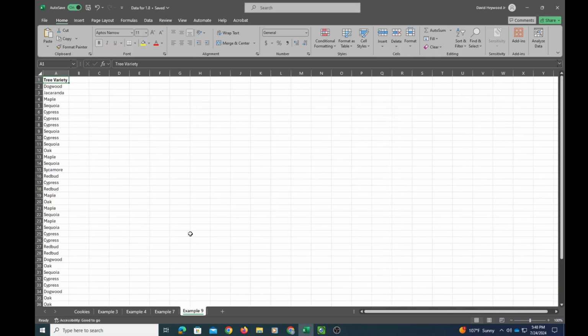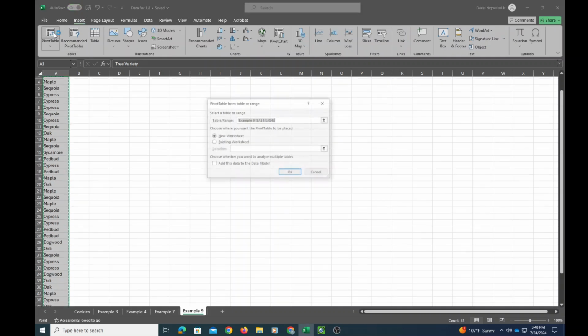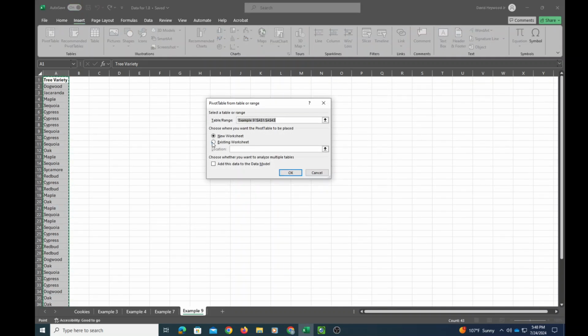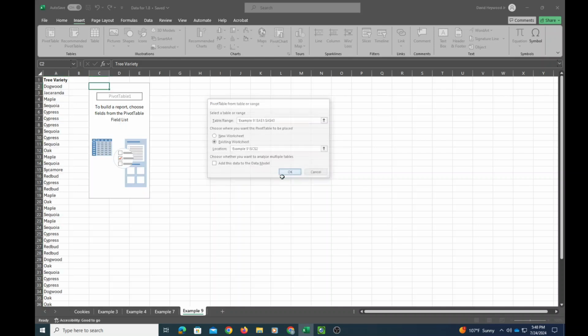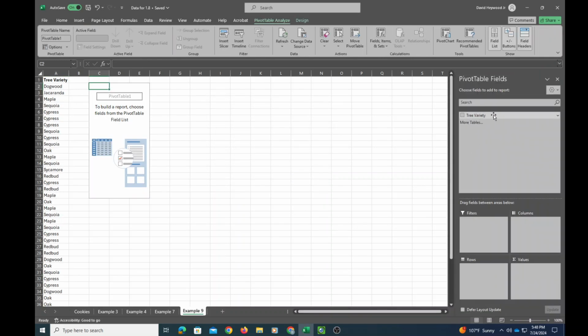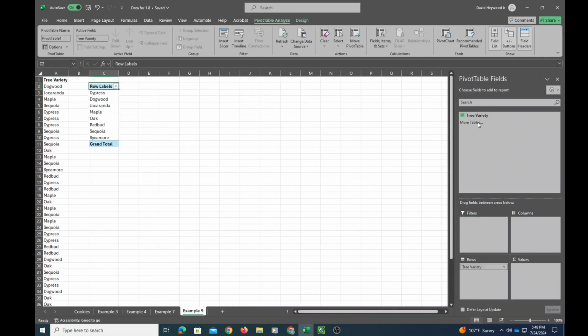This is example 9. So these are the different varieties of tree that she saw. Okay, well, if I want a relative frequency bar chart, I'm going to start off by selecting my data, Control Shift down arrow, and then I'm going to insert a pivot table, and I'll insert that pivot table into our existing worksheet right there. And then you know the drill here, right? So we want all the different tree varieties.